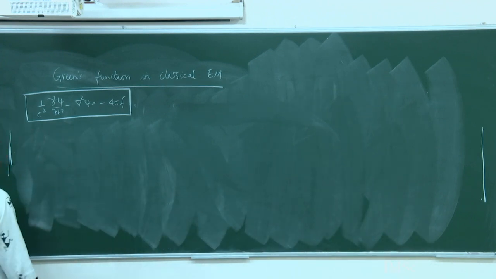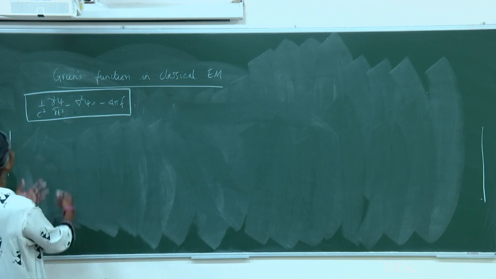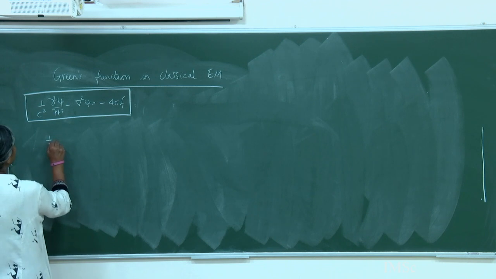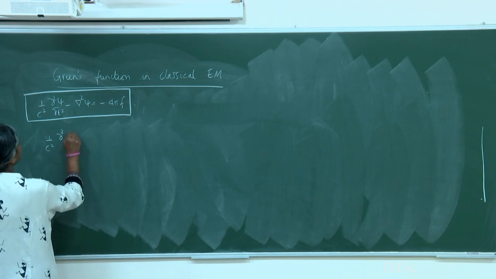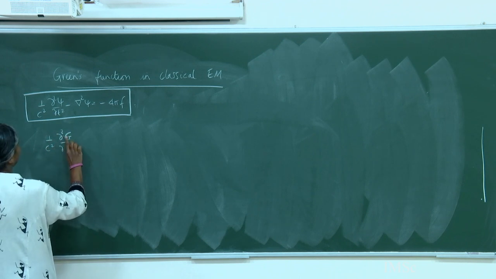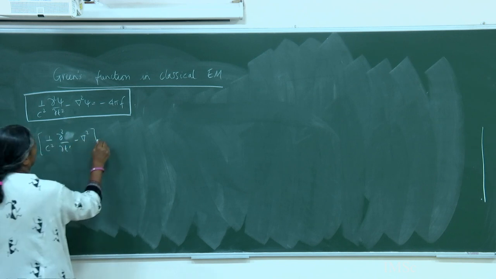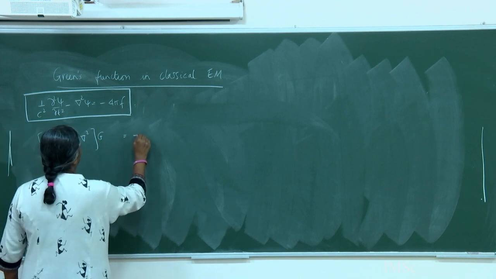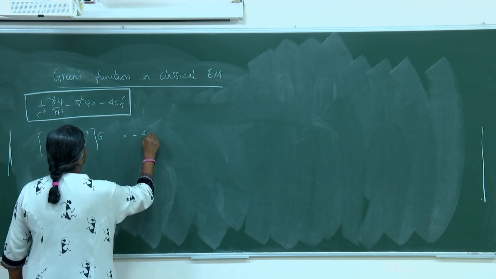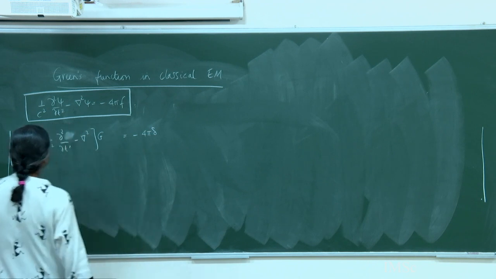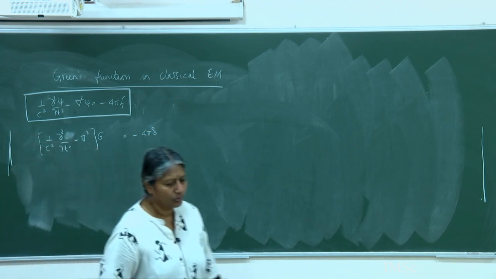Let me start out. So we all know how to solve this inhomogeneous differential equation. I start out by writing the homogeneous differential equation. What is the homogeneous equation? Let me write. So now let me put in some notation.